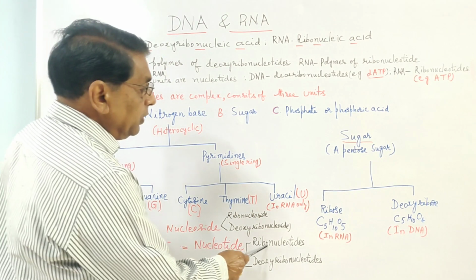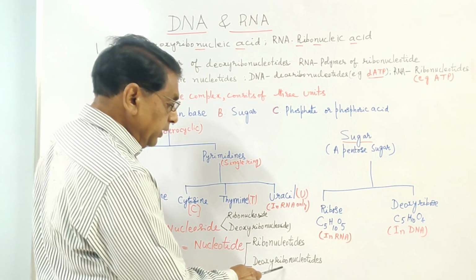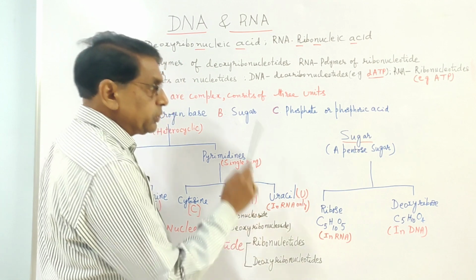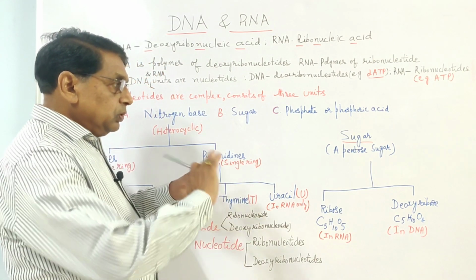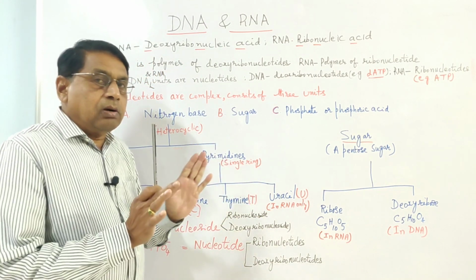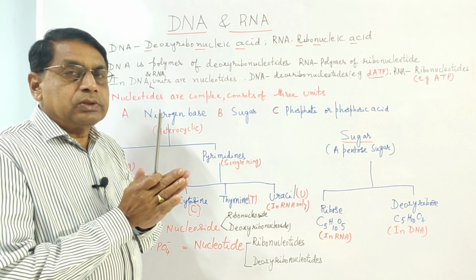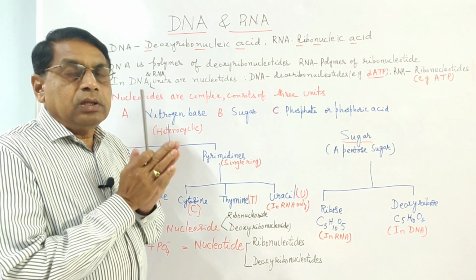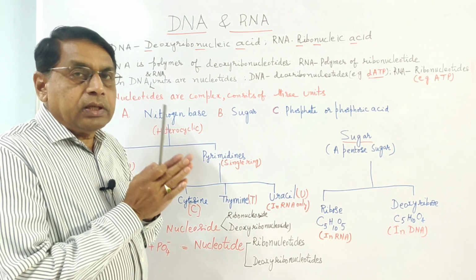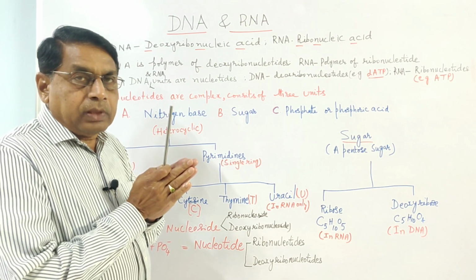Nucleotides, ribonucleotides, deoxyribonucleotides. So this is the basic composition of the nucleotides. The nucleotides in turn are the units of the DNA, RNA.